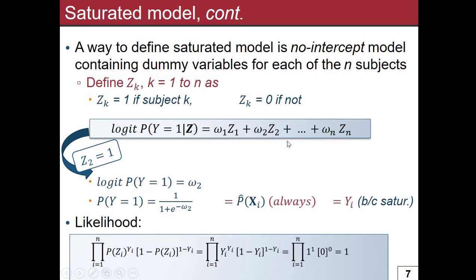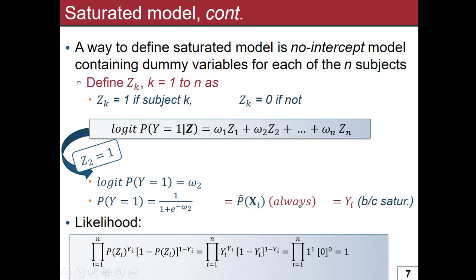This model reduces to just the logit of P of y equals omega 2, and that's this term over here. And that means that the probability of disease for subject 2 is 1 over 1 plus e to the minus this coefficient.